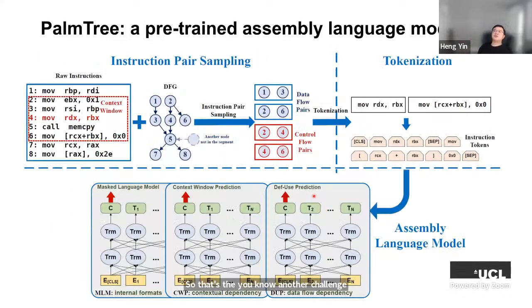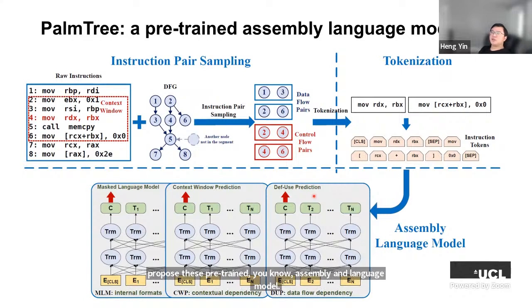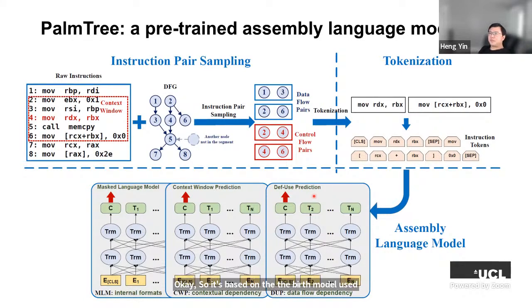To address these challenges, we propose this pre-trained assembly language model. It is based on the BERT model used in natural language processing, but we introduced two additional training tasks to tackle these challenges. We still have a context window here, but we construct the control flow and data flow graph, and then we sample this graph to come up with data flow pairs and control flow pairs.